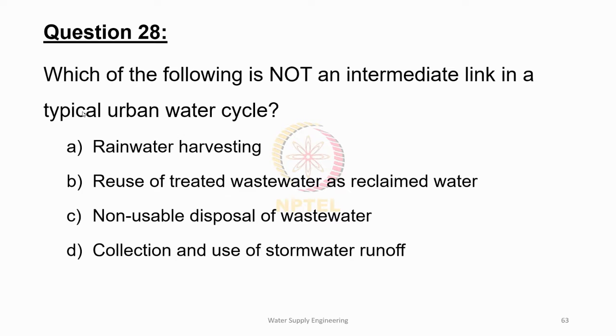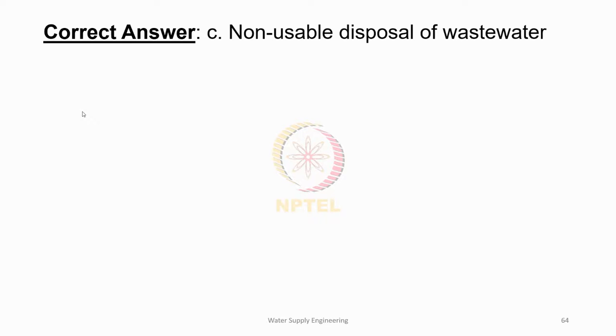Okay, I'm getting answers as option C and option B. Okay. All right. So the correct answer is option C, non usable disposal of wastewater.